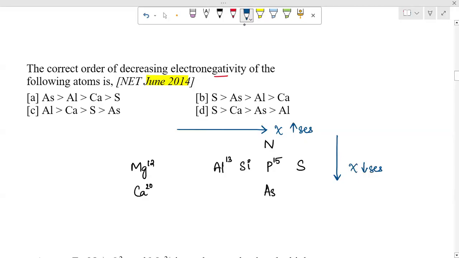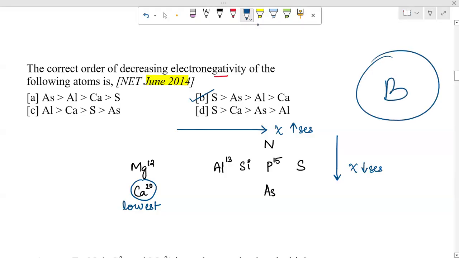So from here, we can understand that calcium, which is at the left end and bottom, will be the lowest. Because along a period, as you move from left to right, the electronegativity increases, and along a group, as you move from top to bottom, the electronegativity decreases. So this is at the lowest point. So calcium will be the lowest. And you have only one option like that, which is option B.